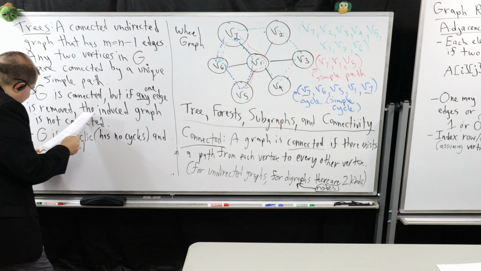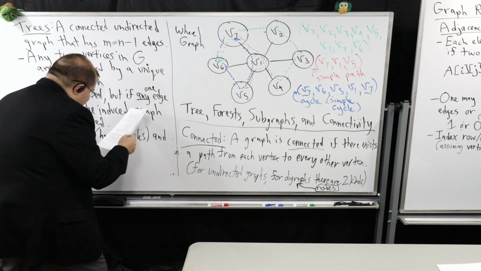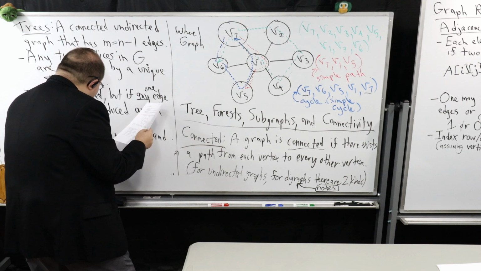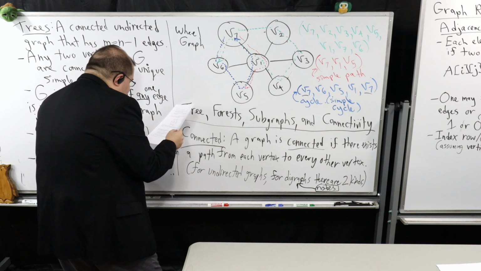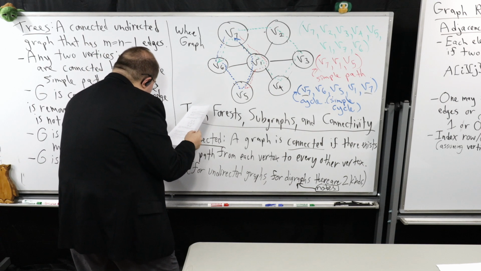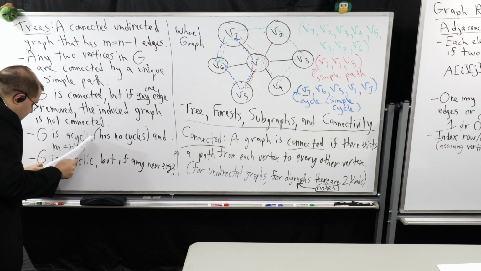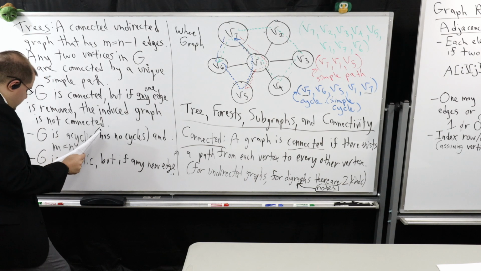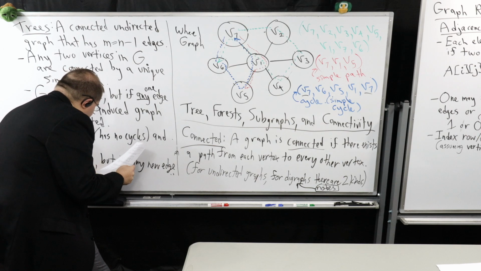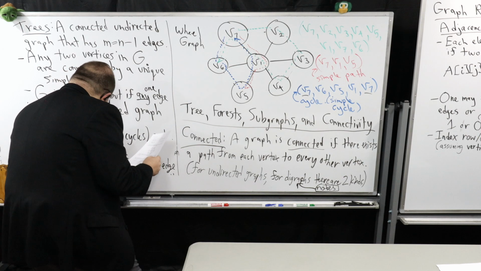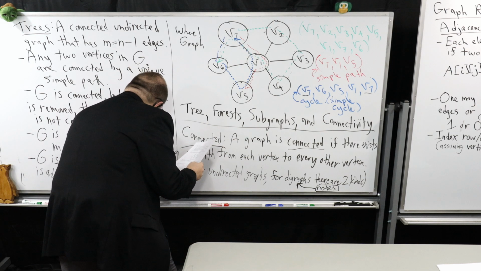And one last one. I have to do this to you because trees are fascinating, but you have to be aware that there are many ways you can define a tree. G is acyclic, but if any new edge is added, the induced graph has a cycle.